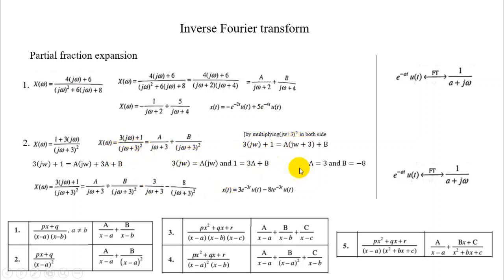After separating the real and imaginary parts, you will get the values of the constants, and after placing them you will get a convenient function whose transformation or inverse transformation is known to you. Then you can transform, and in the end you will get the inverse Fourier transform of the given function.